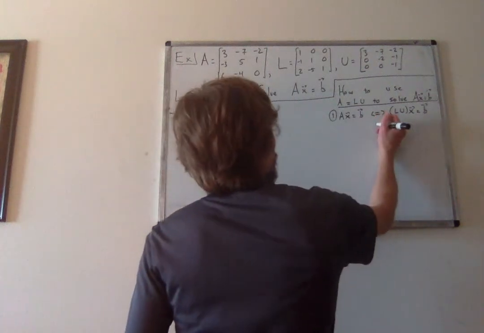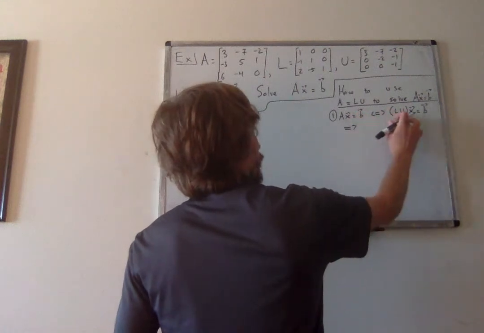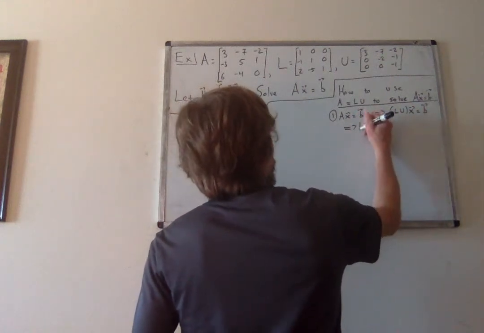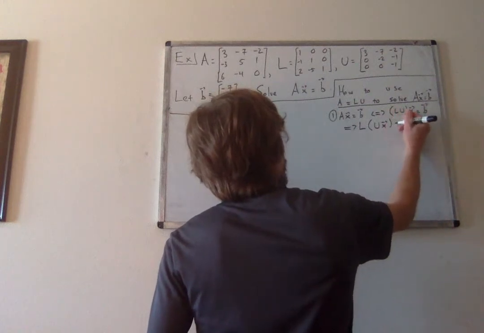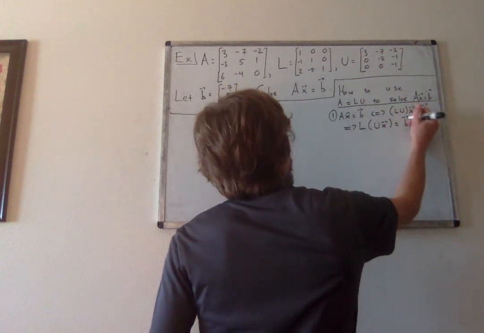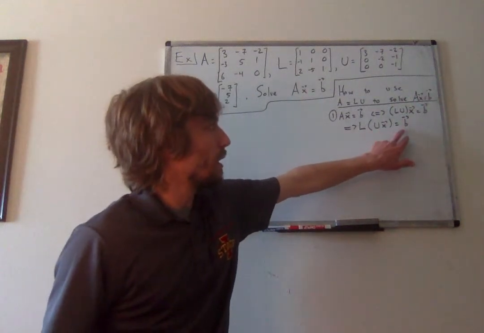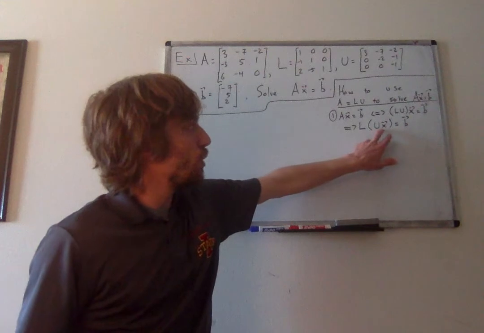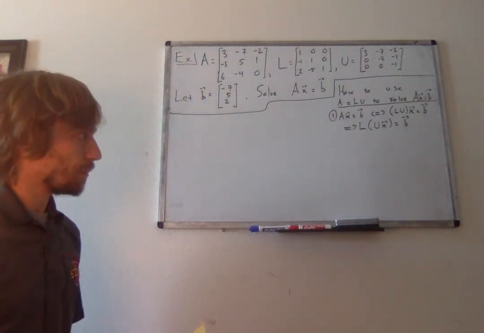Well, this implies I can rearrange these parentheses by my matrix operations rules and get that L times U times X is equal to B. U times X here is just a vector of length m.